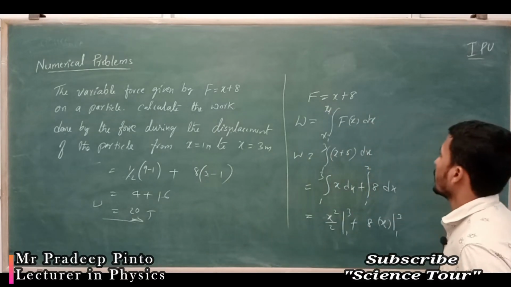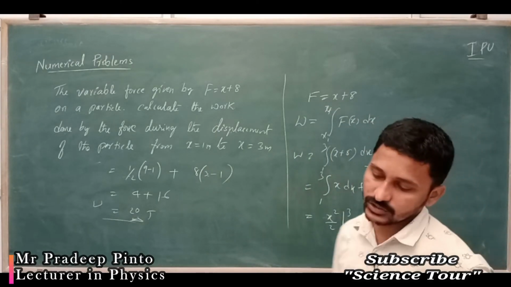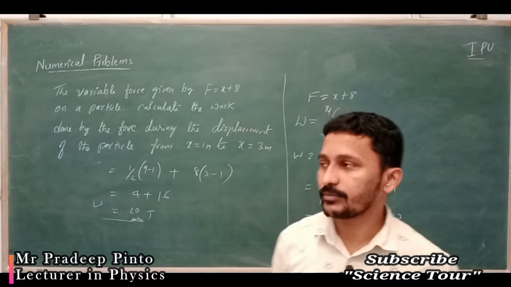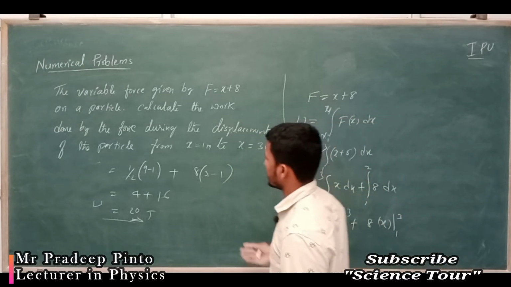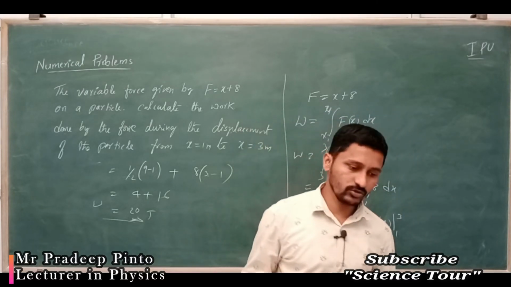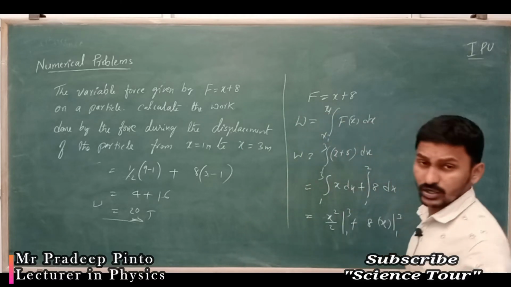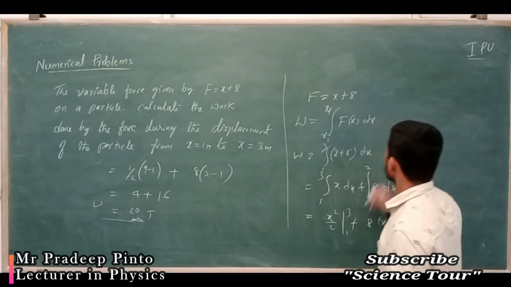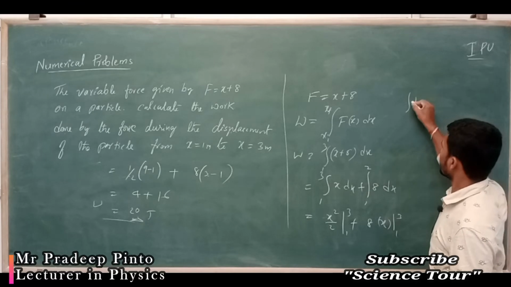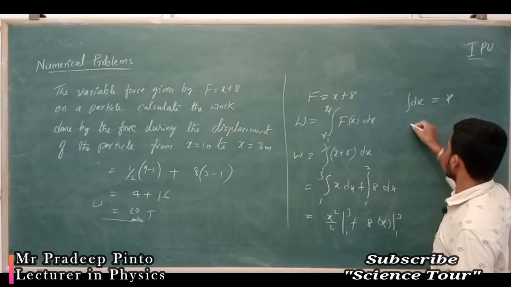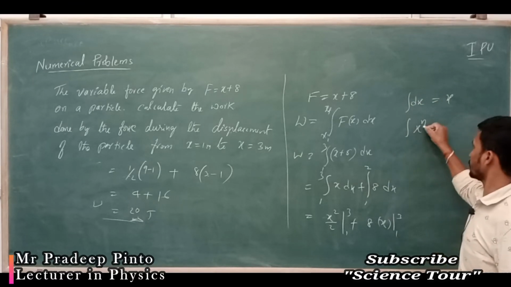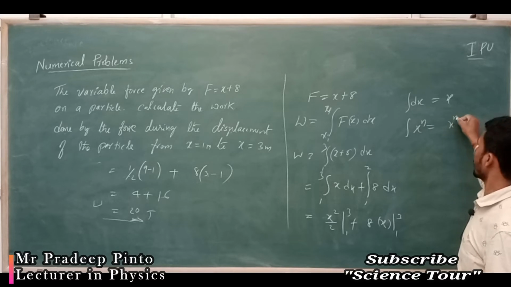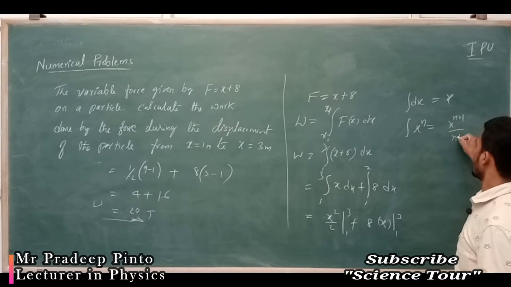This is the thing. Go through it once again. You may have a problem with the integration, but you only have to know 2 to 3 formulas. That is, the integration of dx is x, and the integration of x to the power n is x to the power n plus 1 divided by n plus 1.